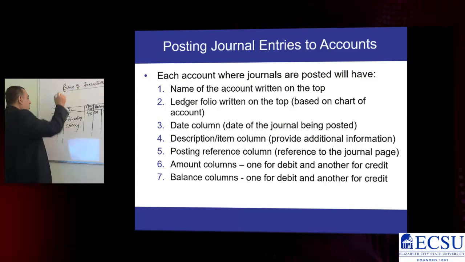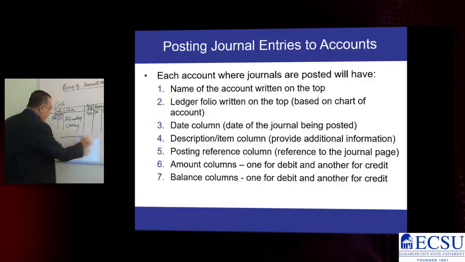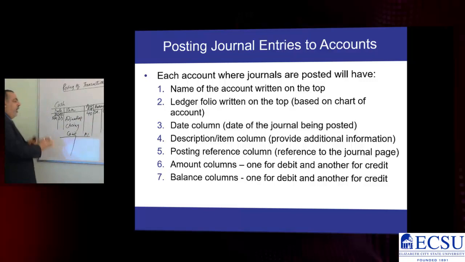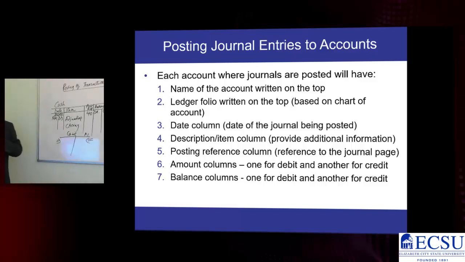Now the ledger also can be a T-shaped ledger. You'll have to understand that as well. It could also be a T-shape. So on the top, I'll write cash and 101, and all entries debited, I'll write on the left hand side, and all accounts that credit cash will be on the credit side.